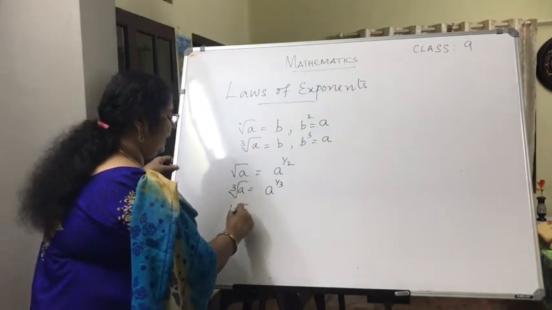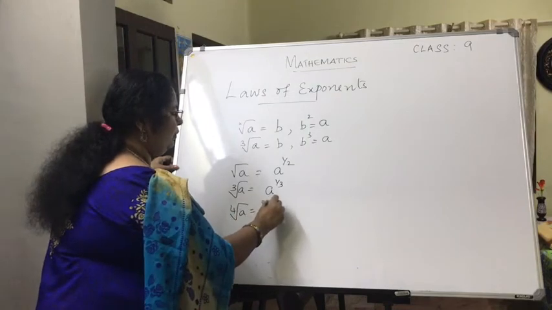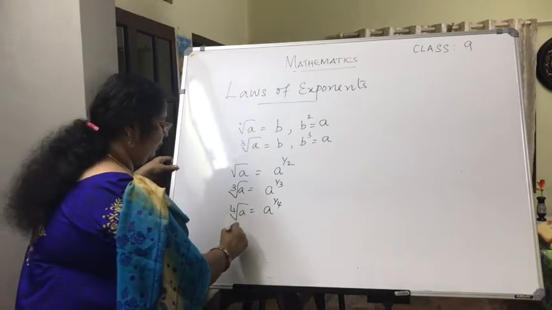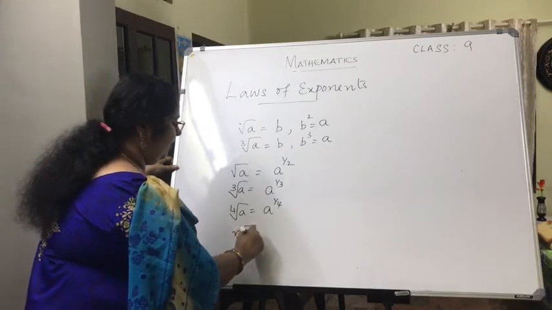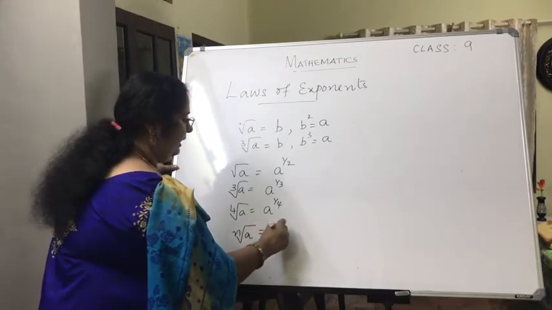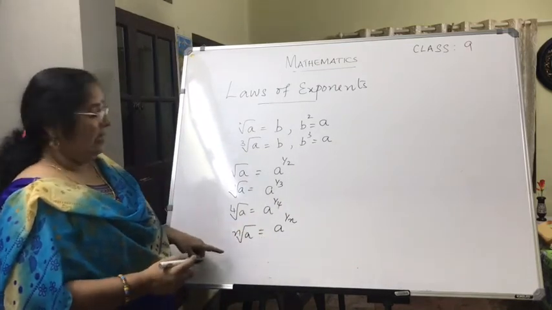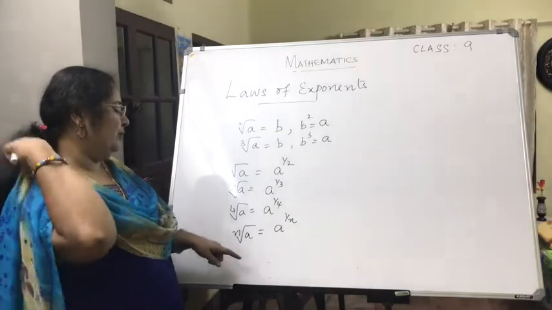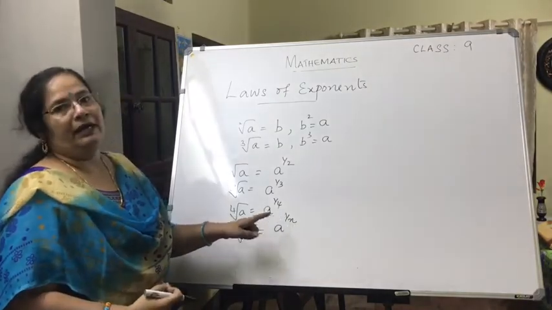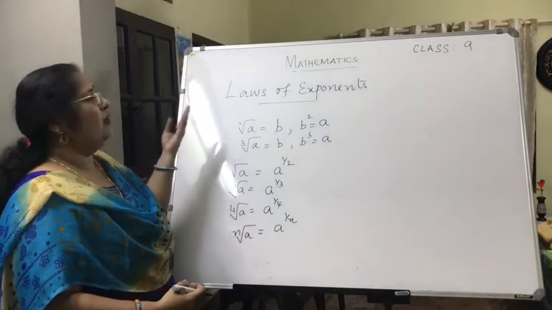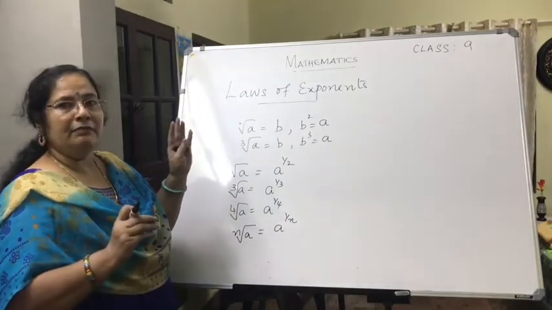Fourth root of a means a raised to 1 by 4. In the same order if you go, nth root of a will be equal to what? A raised to 1 by n. This is the generalized form. Nth root of a will be equal to a raised to 1 by n. Now keeping these things in mind and the laws of exponents, we can do some questions.